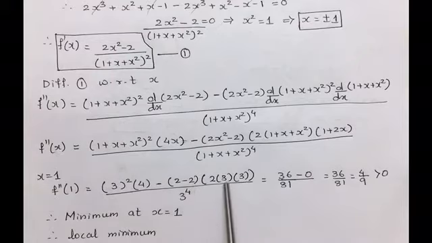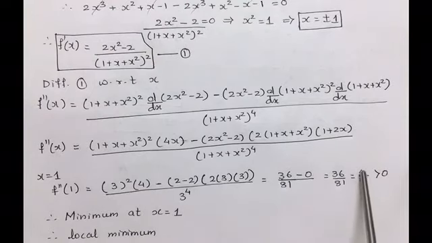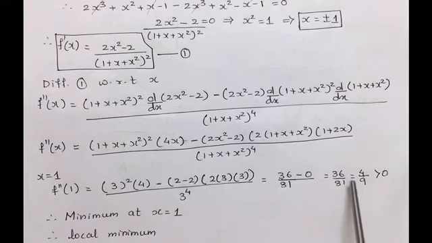So this whole part becomes 0. So we are left with 36 upon 81 in this calculation. Cancellation gives 4 upon 9, and that is positive, which is greater than 0. Therefore it becomes minimum at x equal to 1.